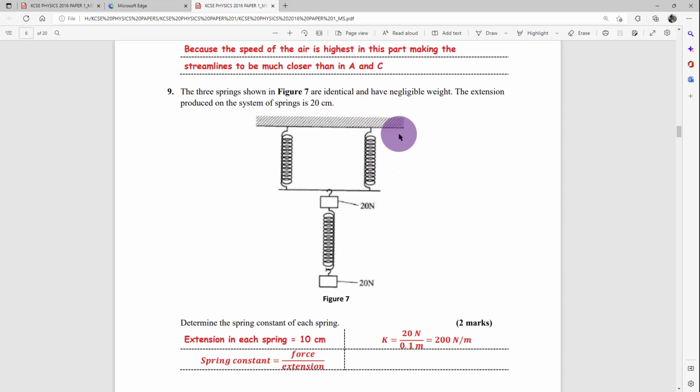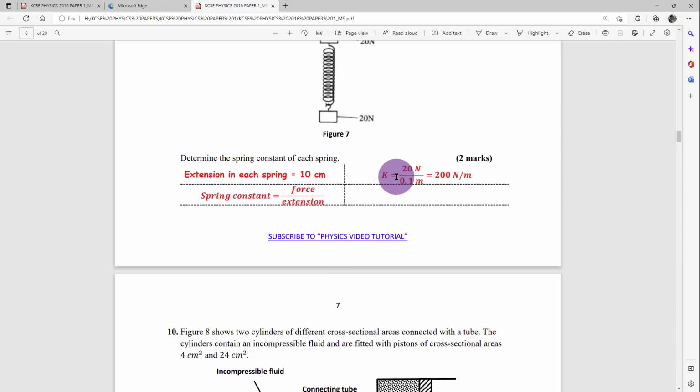And this other one here also stretched by 10 centimeters. So when you add these 10 centimeters and these 10 centimeters here, that is how you get 20 centimeters. So in order to calculate the spring constant of one of the springs, we just need to consider the force acting on it divided by the extension in meters, and we get 200 newtons per meter.